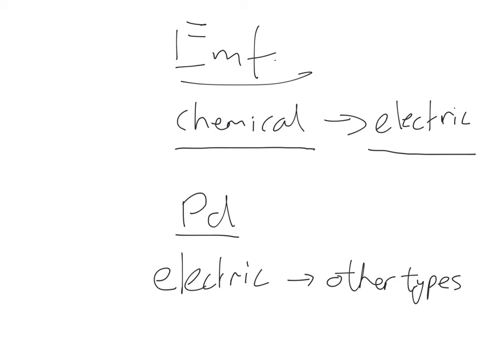So EMF is the amount of chemical energy transferred to electrical energy in the circuit, and a potential difference is an amount of electrical energy that's transferred to other types within the circuit. So for example, you might have a light bulb. A light bulb uses the electrical energy and it's transformed into the light energy and heat energy you'd expect when you use a light bulb.